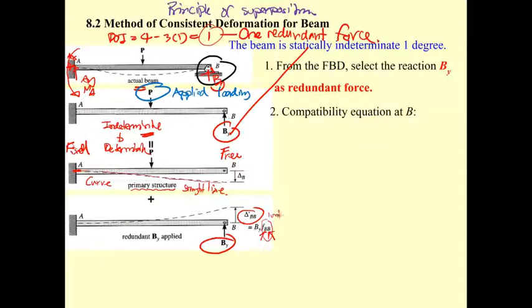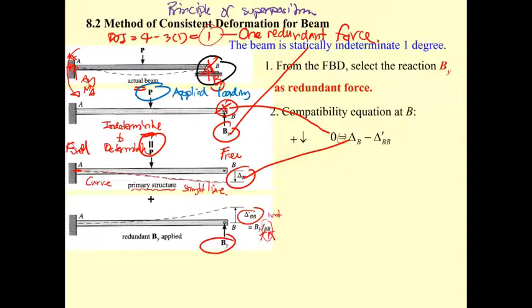When the load is B sub y, you just multiply this f sub BB by B sub y. So the compatibility condition is going to be 0 equal to delta sub B. If delta sub B is downward, it is positive.